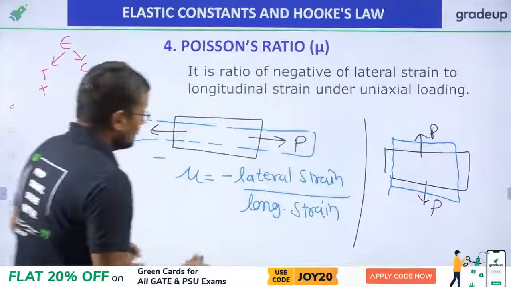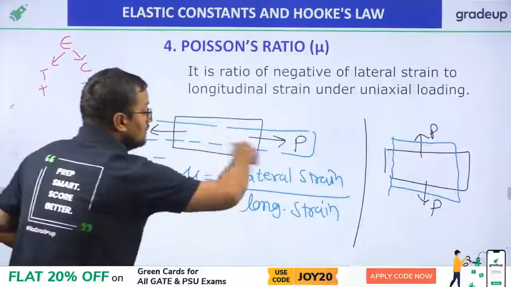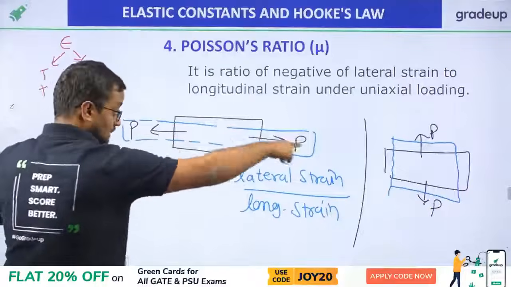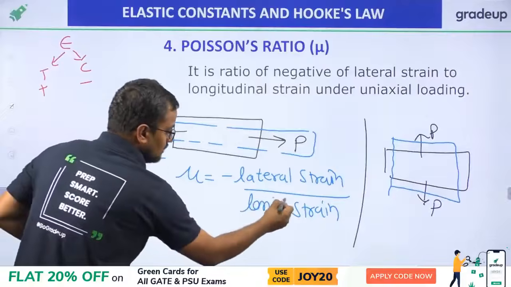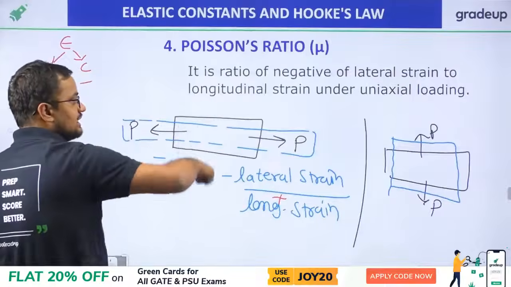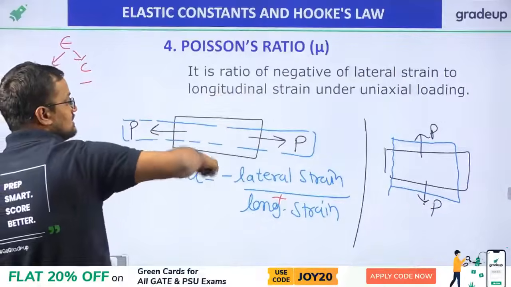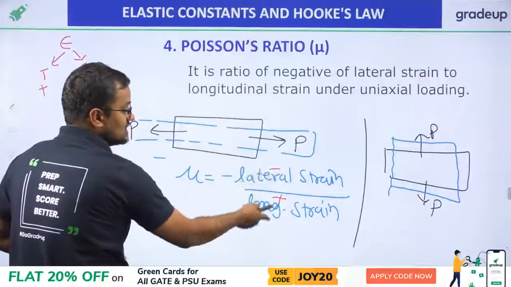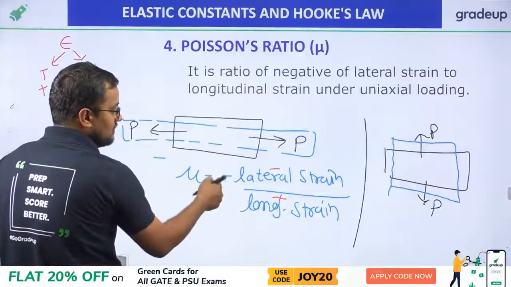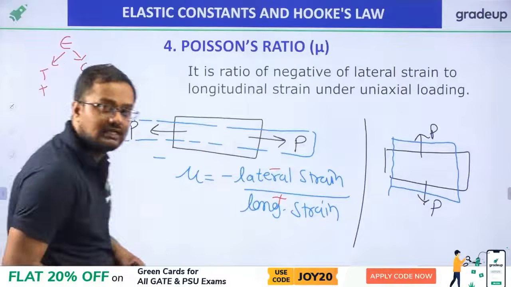The longitudinal, that is along the force, is positive. And laterally, it is contracting, so the length is reducing. From this sign convention, this will be minus. So minus upon plus will be minus, so there is one more minus sign. So mu will be positive.